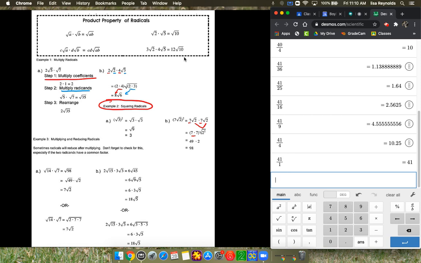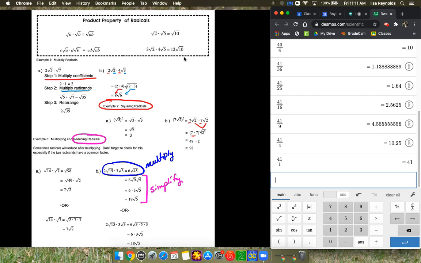You also need to be careful to make sure that after multiplying, you check to see if you need to reduce the radicals. So when you're looking at this problem, this first part is the multiply, and the second part is the simplify.